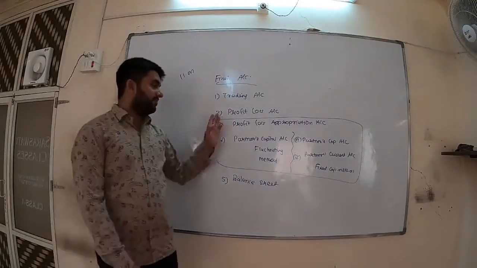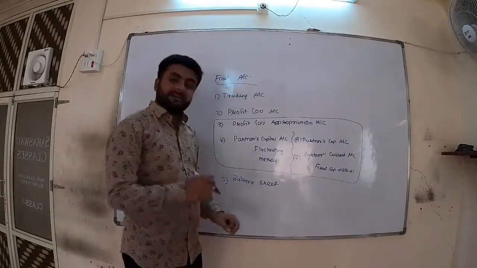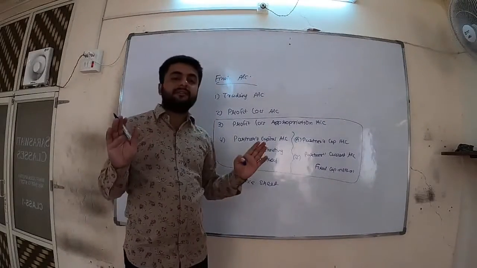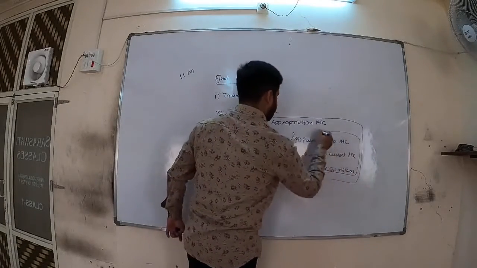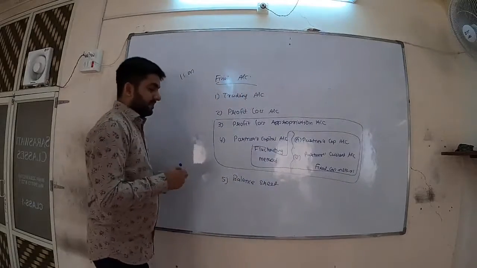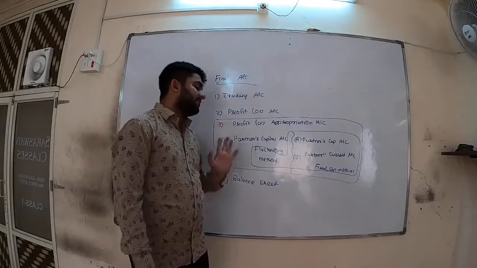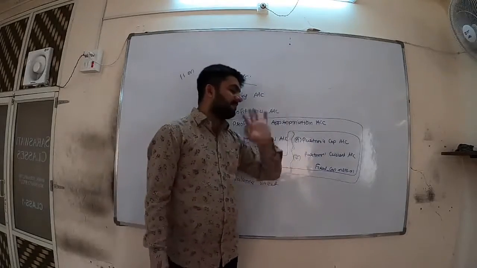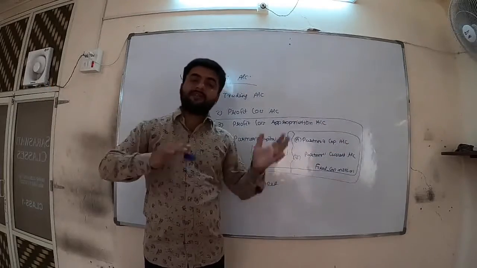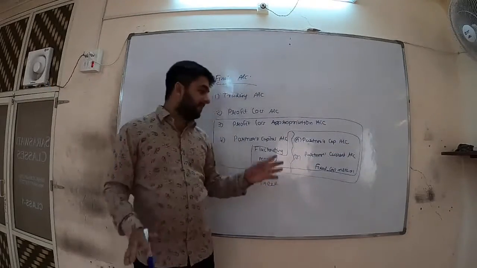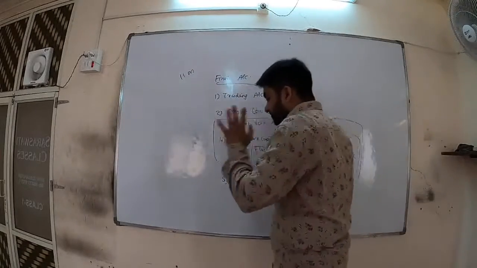These 3 accounts have been discussed in the book. Just for instance, don't take tension in that. Remember that for capital accounts there are 2 methods: fluctuating capital and fixed capital. For fluctuating capital, prepare only the capital account. For fixed capital, prepare both capital and current. We are discussing what transactions are included. And one more new account, that is the profit and loss appropriation account.